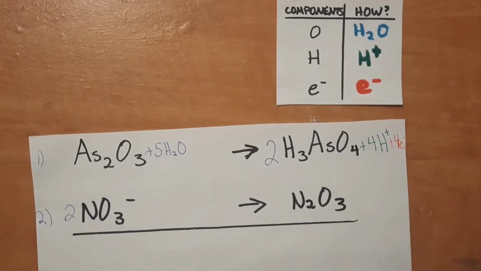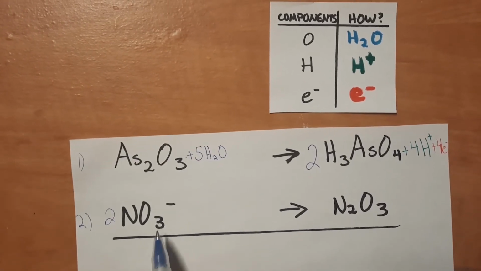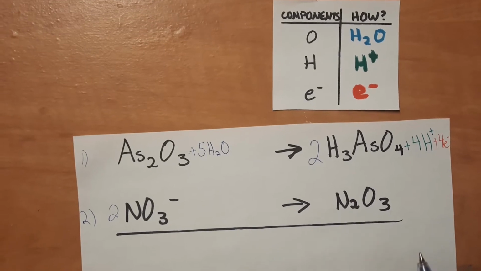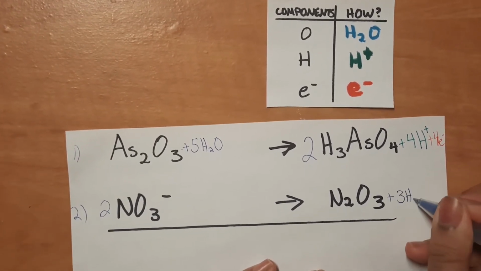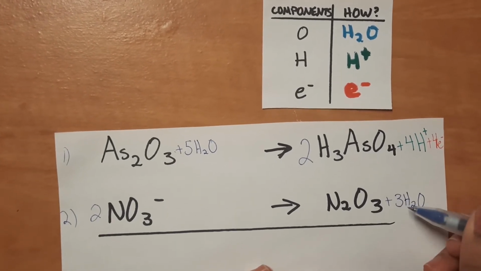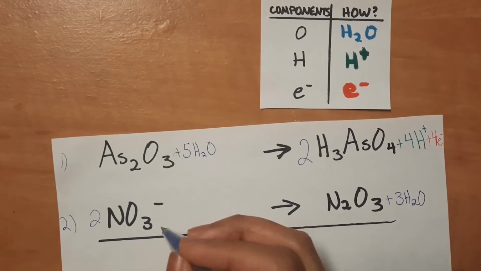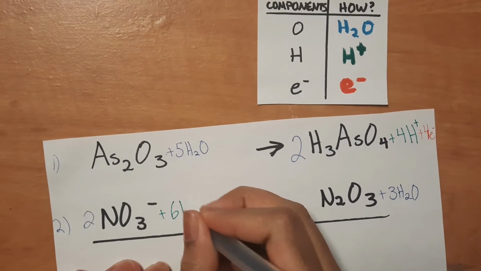So now for the second half reaction, there are 6 oxygens, 3 oxygens. So we'll add 3 H2Os, right? Because we need 3 more oxygens. And in that process, we accumulated 6 hydrogens. So we'll add 6 hydrogens to this side to balance that out.